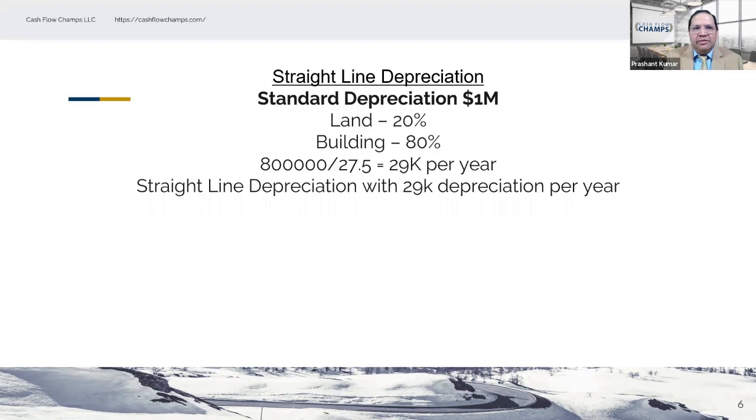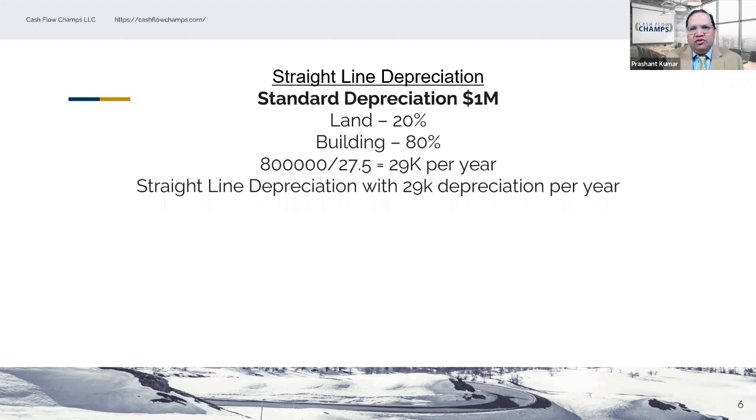If your building is about 80% of the value, which is about $800,000, you depreciate that over 27.5 years. If you are depreciating $800,000 over 27.5 years, you are getting the depreciation benefit as an owner of about $29,000 per year. So it is a straight line depreciation.